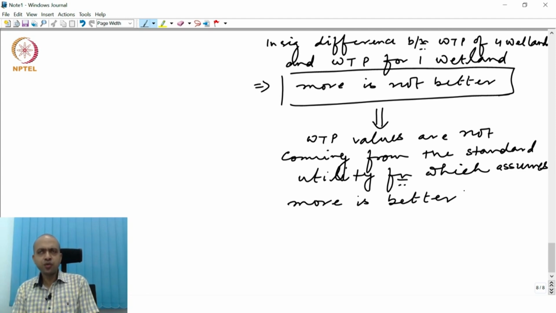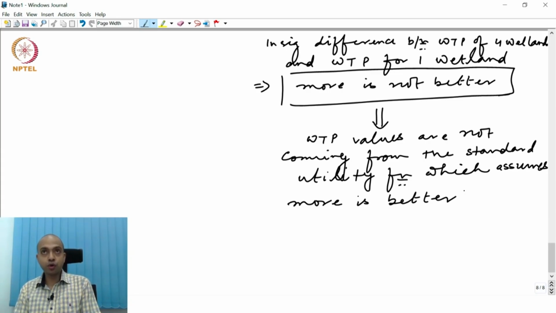Now I am asking, what is your willingness to pay for protecting the entire biodiversity of the forest, which consists of many species like deer? Then they say no, it is 150 rupees only. That means the individual is not able to differentiate a part from the whole. That means the individual's willingness to pay for a part is not significantly different from the willingness to pay for a whole. That is why it is also known as part-whole bias, or embeddedness.